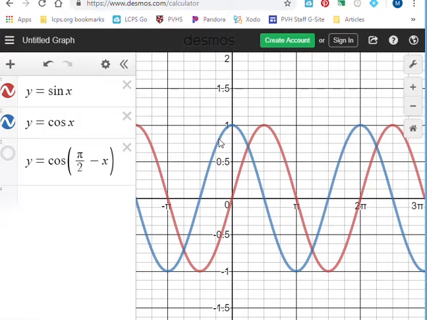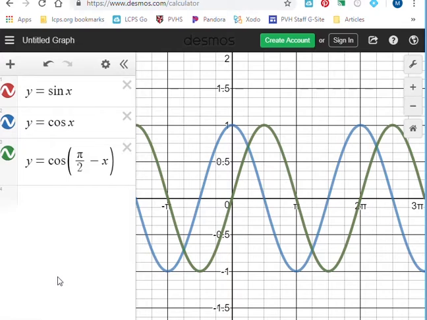If I shift the graph of cosine of x pi over 2 units to the right, I would have the graph of sine of x. So you can see here this third equation is that cofunction identity. So when I turn this equation on, it will line up exactly with the graph of sine of x.